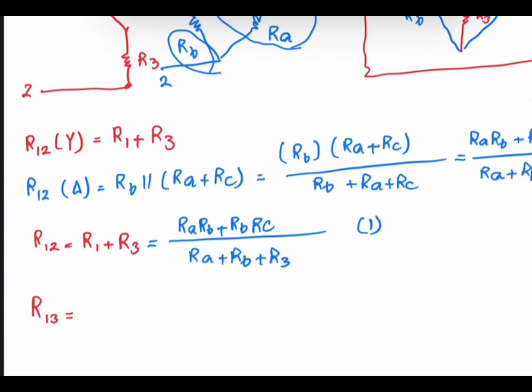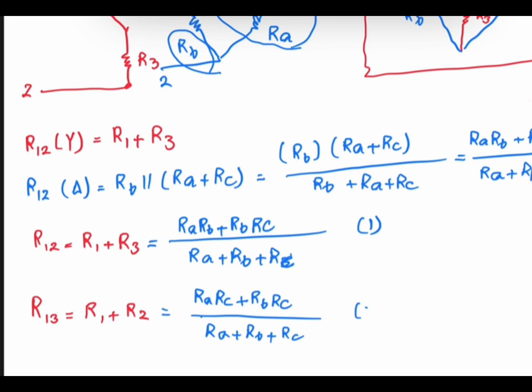In the Y network, it is R1 plus R2, and in the delta network it is going to be equal to RA RC plus RB RC over RA plus RB plus RC. So this is equation 2.